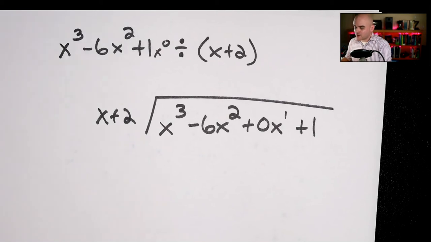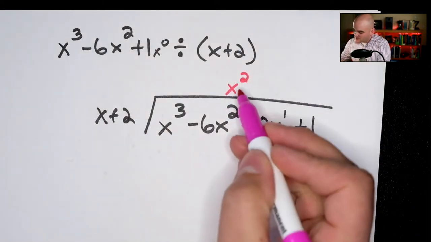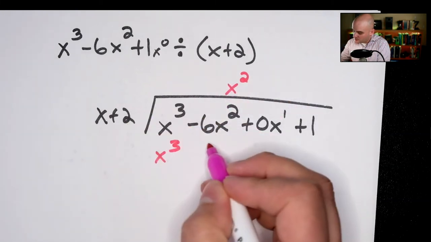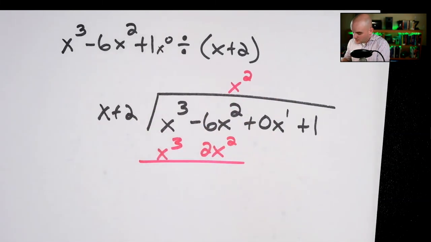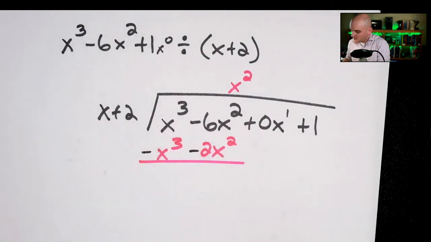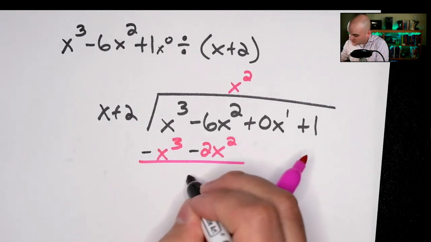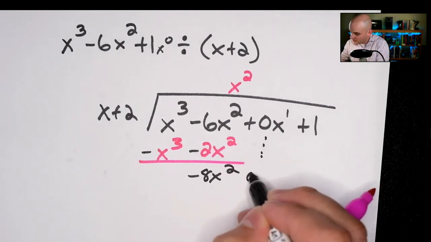So I'm going to go ahead and work this one out now. X goes into x cubed, x squared times. X squared times x is x cubed. X squared times 2 is 2x squared. Remember to flip your signs so that becomes negative, that becomes negative, and add them up. This gives me a negative 8x squared here. Bring down your 0x.